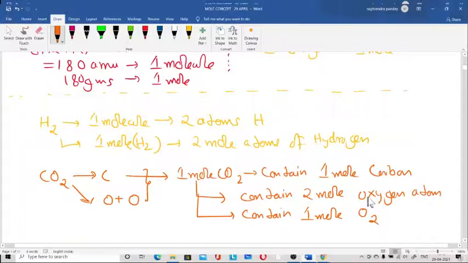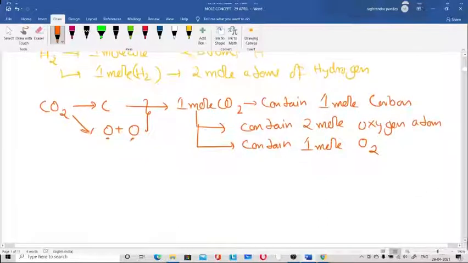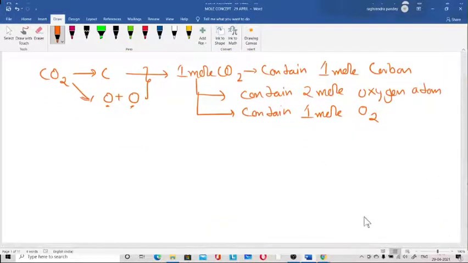Are you getting it? 2 moles of oxygen means single oxygen atoms, this oxygen atom and this oxygen atom. And when I talk about 1 mole of O2, it is the single O2 molecule. O2 is a molecule, it has a separate existence. So they can give you any type of question. This is just simple understanding. Got it?